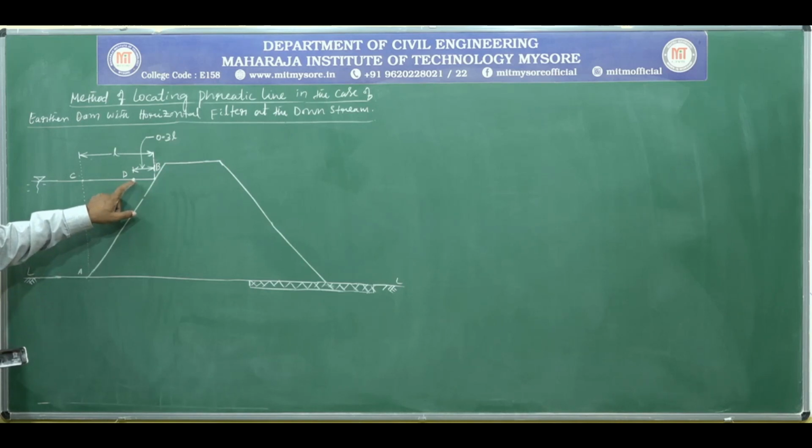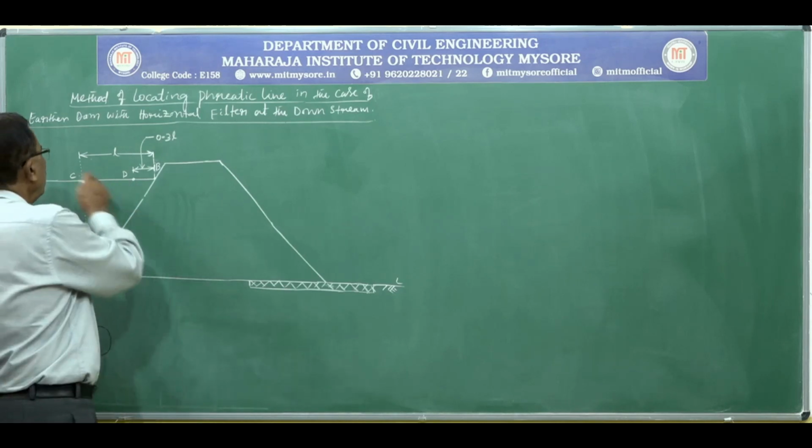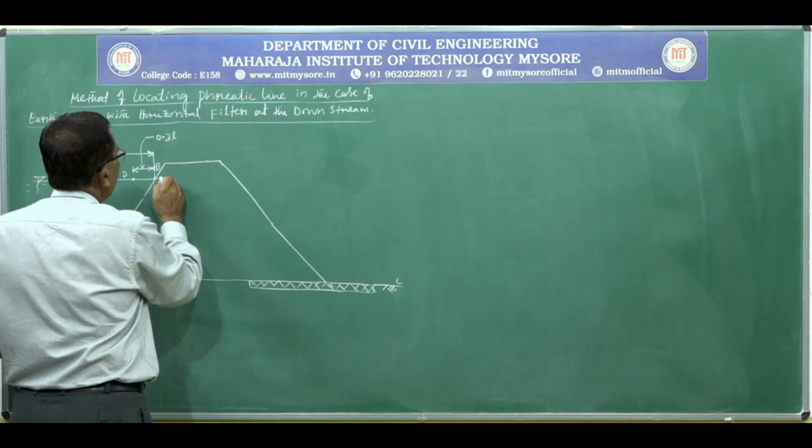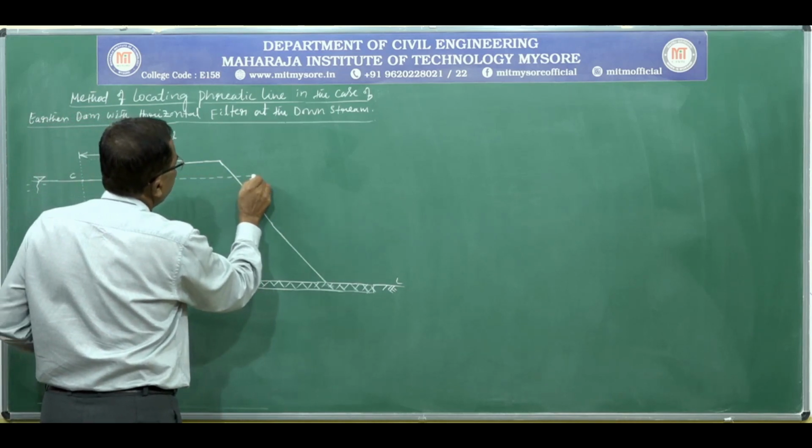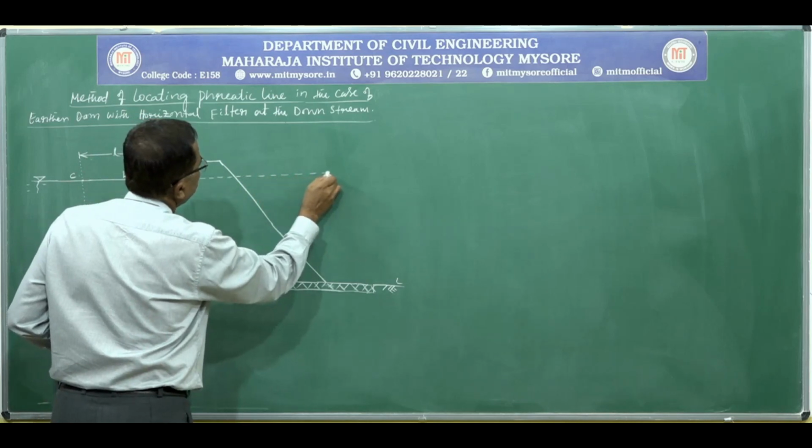So, on the water surface, point D is the theoretical commencement of the phreatic line. Produce this water surface horizontally to extend towards the downstream end of the dam.